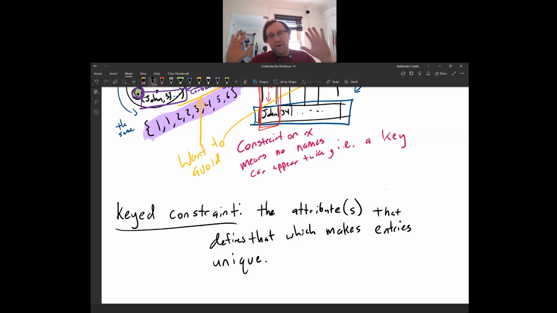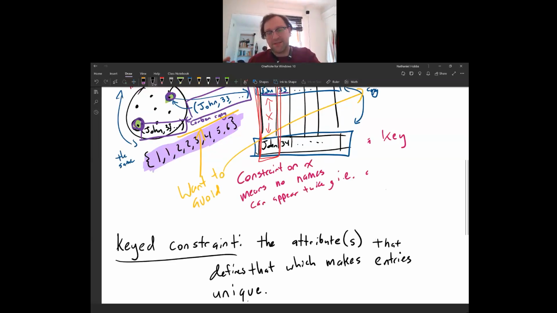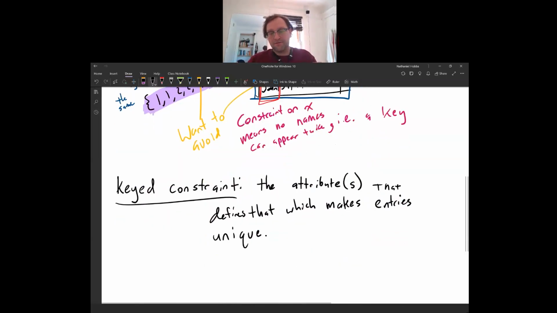So the keyed constraint is saying that these are the attributes such that no two entities with the exact same values for these attributes can be there at the same time.